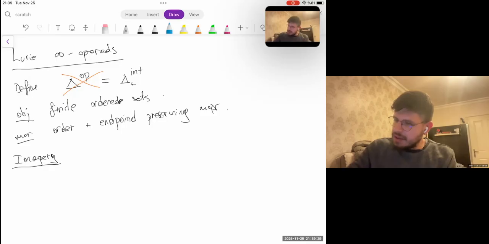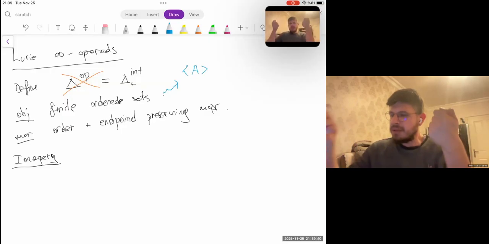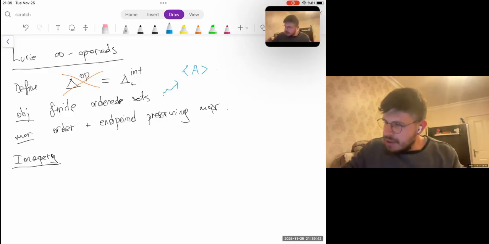Because we are interested in distinguishing the first and the last element, I'm going to think of it as having a least element, which I will call minus, then some finite amount of elements, A1 to AL, and a maximal element, which I will denote plus.